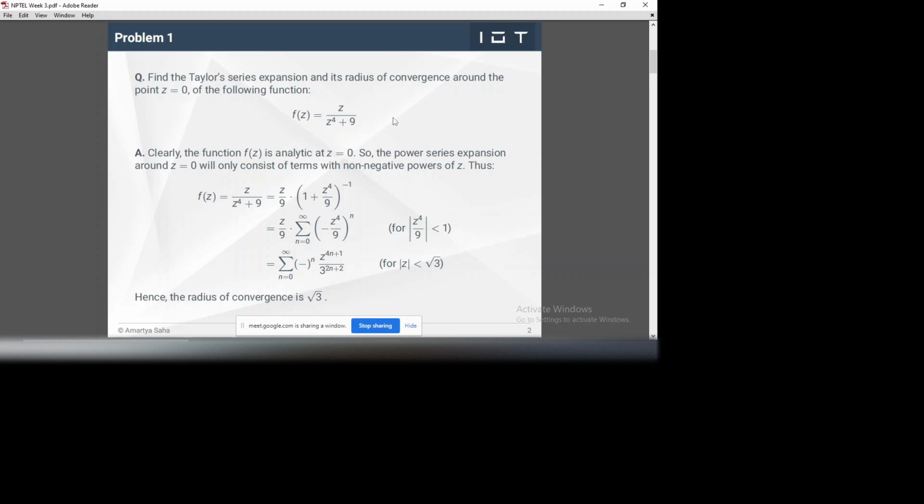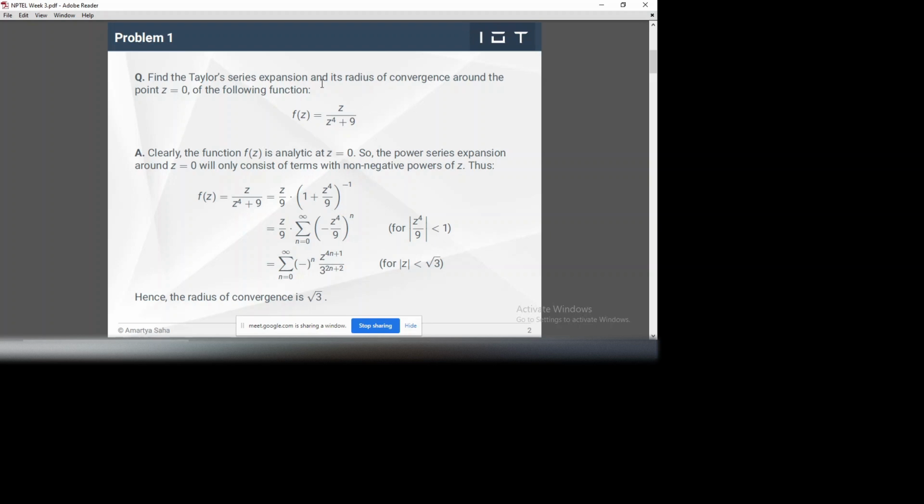So it has some zeros, right? It's a quartic polynomial, so it will have 4 roots. Since the denominator has some roots, it means that f(z) is not an entire function, so it will definitely have singularities.